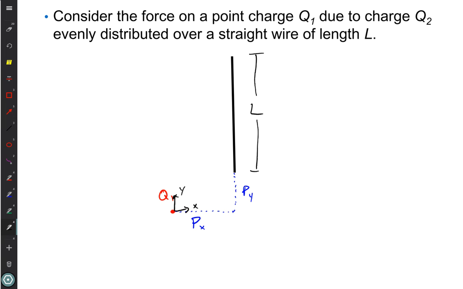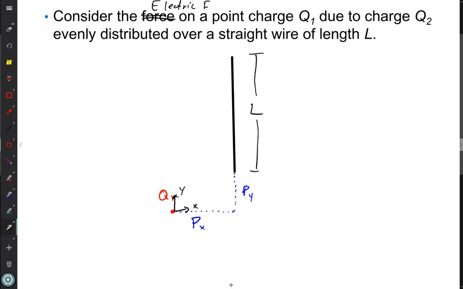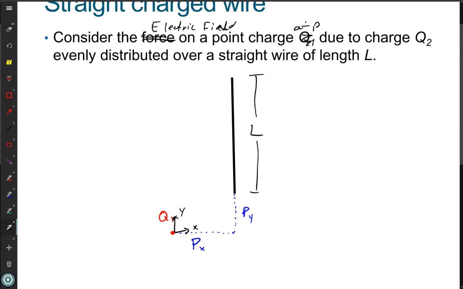Actually, you know what? Let's switch this from force to electric field. What's the difference? I have to write one less Q in every single line. So let's change it to electric field. And so I'm going to say at P, whoops.